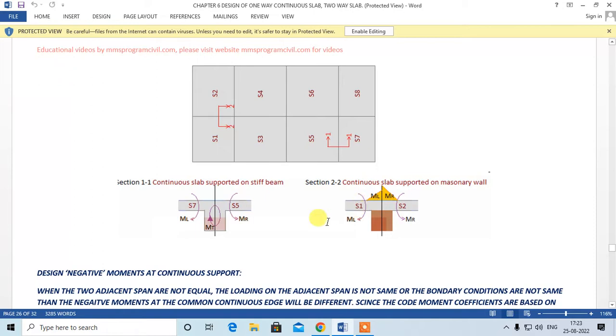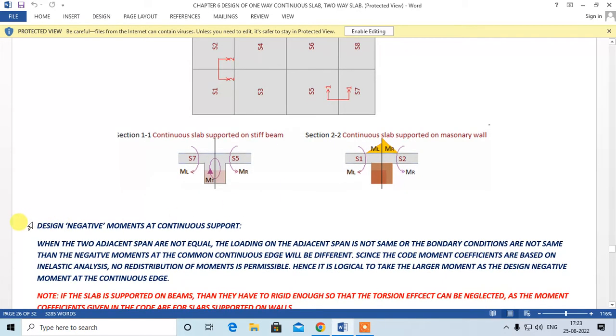Okay, this is another important aspect. Your slab can be supported on masonry like this, or on beam like this, right? This is section 1-1. Okay, so design negative moment at continuous support.